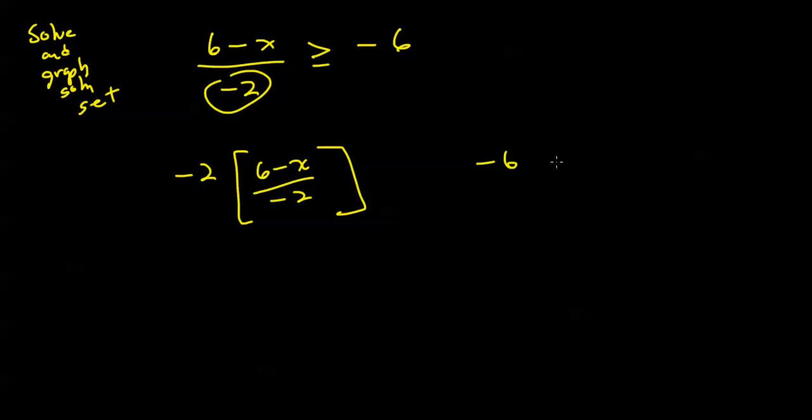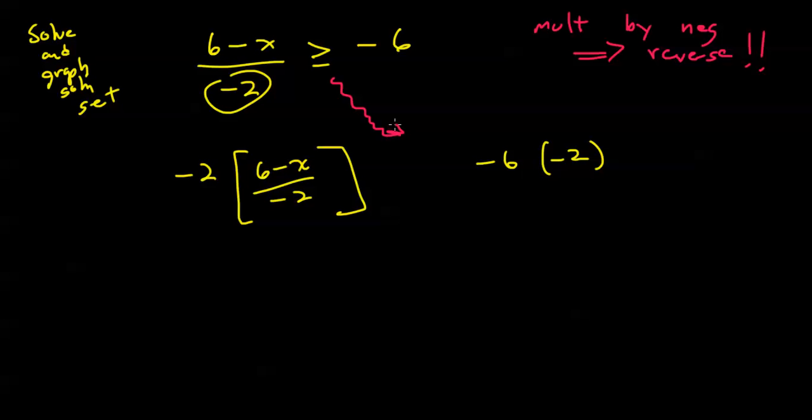But when I do that, I must reverse the arrow. Right? Make a note of that. I'll put it in red here. When you multiply both sides by a negative, you must reverse the inequality arrow. So let me make a big deal about that.